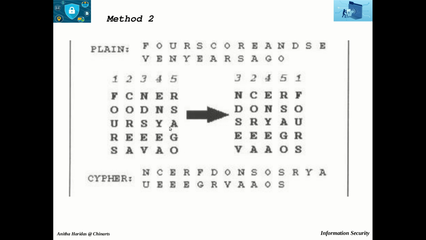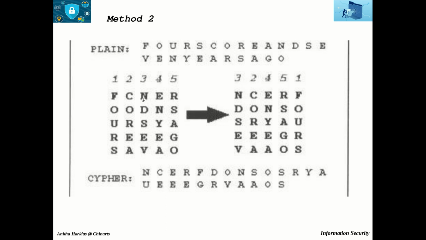Now if you observe here, they are using this particular format. Instead of just taking it as 1, 2, 3, 4, 5, we are going to change the order here. So you will get 3, 2, 4, 5, 1 as the key. 3, 2, 4, 5, 1 is the key.